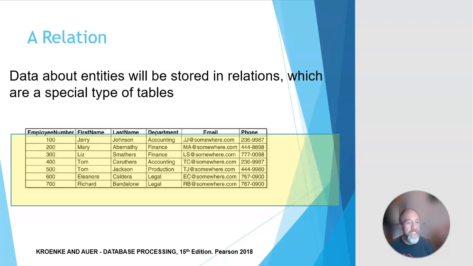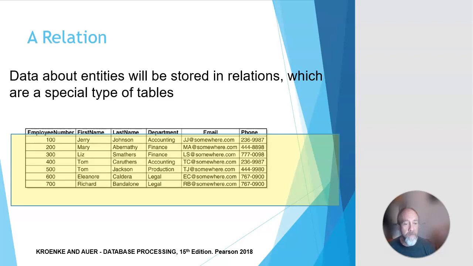So relations or relationships: we like to store information about the entity itself in these rows, and data is stored this way in tables, relation tables. So when we say that we have an entity, the entity might have an ID, a number that's associated with them, a name, a department.